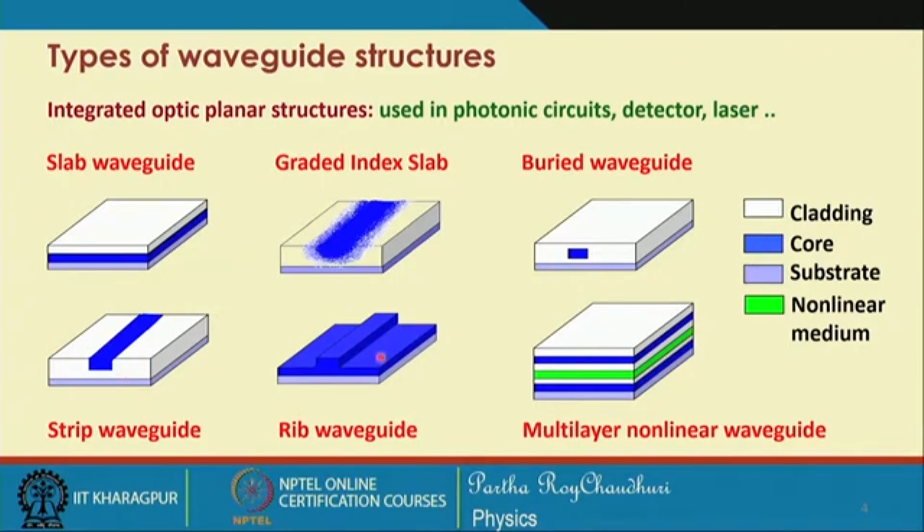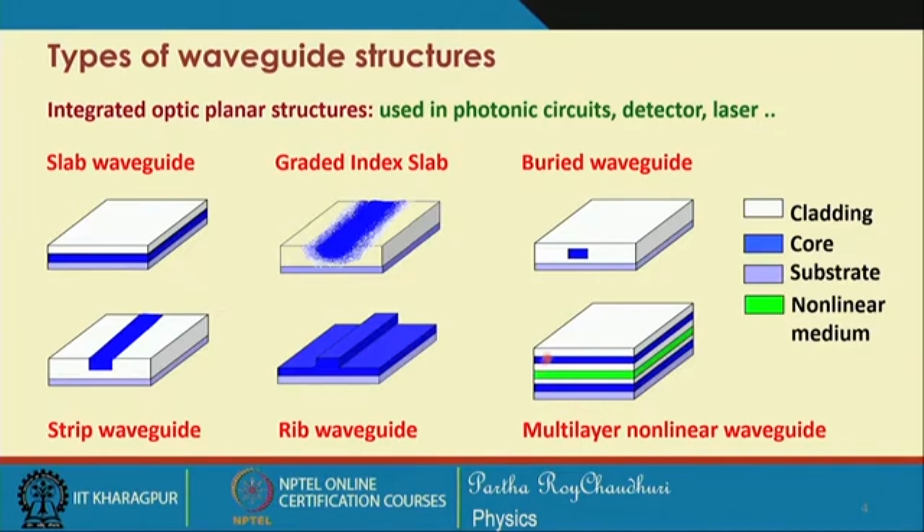Then you have the rib waveguide, an elevated structure which has two symmetrical waveguide structures on either side. Then you have very useful and interesting optical waveguides, multilayer nonlinear structures, which are very common in optoelectronic devices, gallium arsenide, gallium indium phosphide.